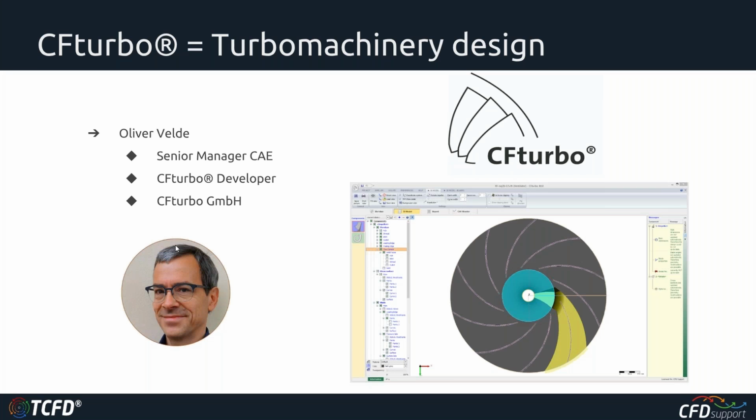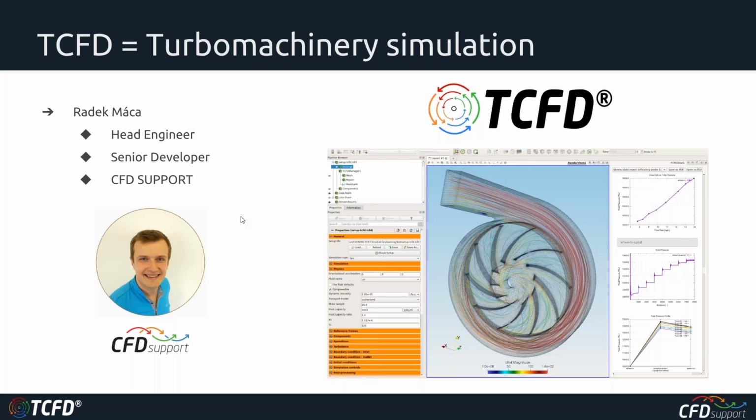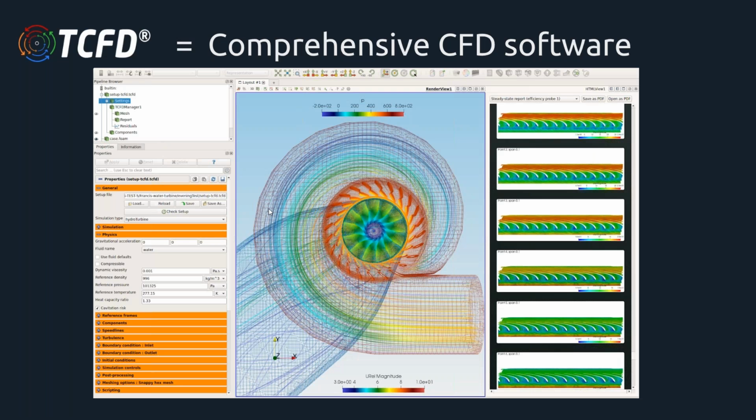Yeah, so this was the CFturbo part, and that moves us to the turbomachinery simulation part. Please let me start with a little description of what TCFD is. TCFD is a comprehensive high-tech CFD code, which is focused and unlimited.